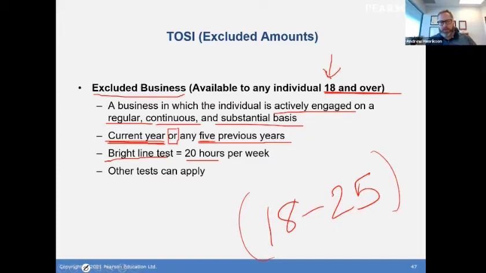It also goes on to mention that failure to meet that bright line test does not necessarily prevent you from using the excluded business exception. So this would depend on the facts of the case, the individual situation. So there's definitely a window for some gray area here. This could get into some court case battles, I could foresee.